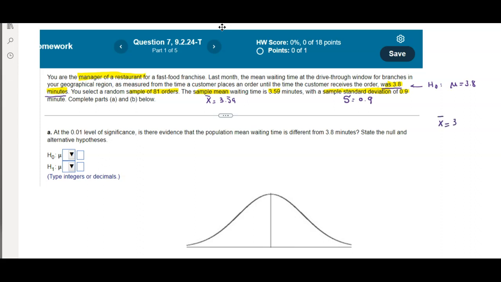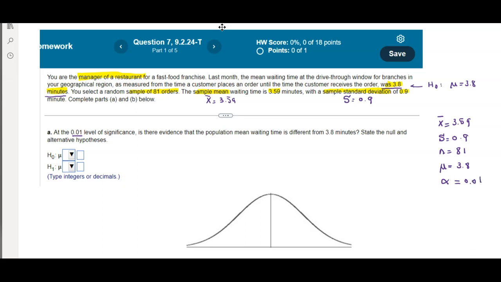X bar is 3.59, S is 0.9, N is 81, the mean is 3.8, and we also have the alpha, which is 0.01.